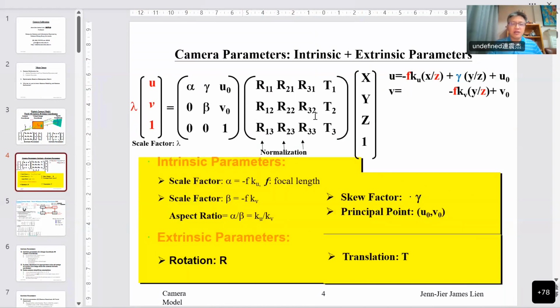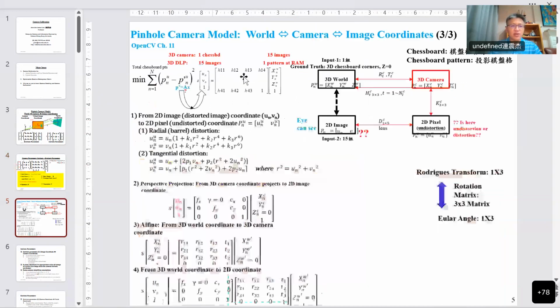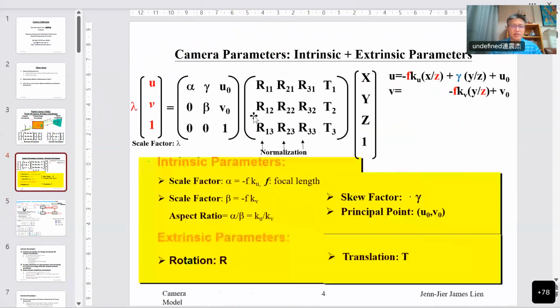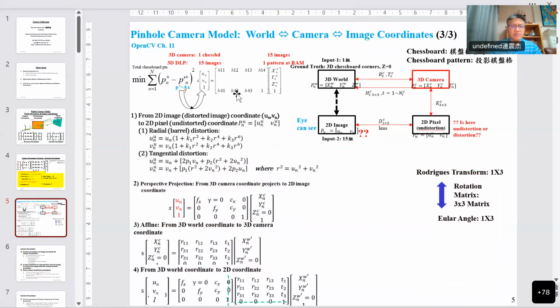But here A will be only one matrix, called the homogeneous matrix. So it will become this one: the 3 by 3 and 3 by 4 become a 3 by 4 homogeneous matrix. This is your world coordinate, and this is your image coordinate.